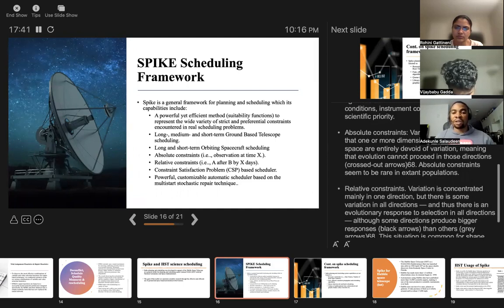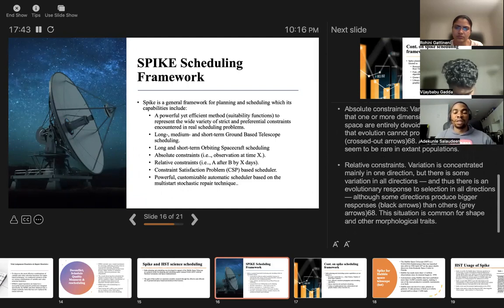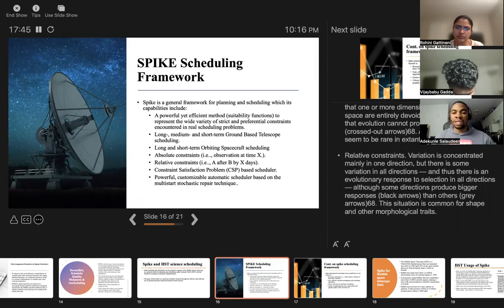Absolute constraint seems to be rare in natural populations. A relative constraint is when the variation is concentrated mainly in one direction, but there is more variation in all directions, and thus there is an evolutionary response to selection in all directions. Although some directions produce bigger responses than others, the situation is common for shape and other morphological traits. Next slide.